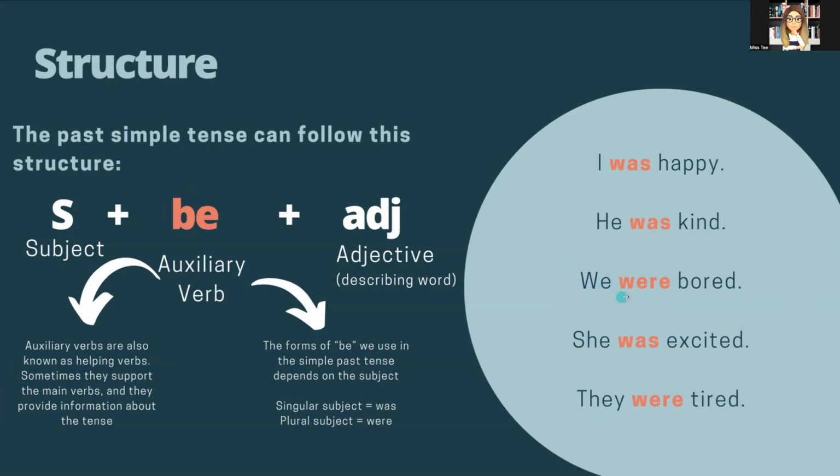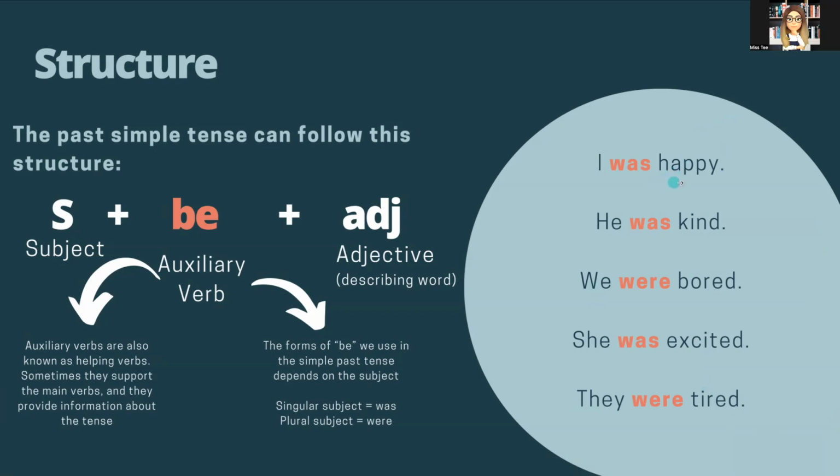So we're going to use the plural form of be in the past form. So that's were. And she was excited. So in this case, this is singular, so we're using was. They were tired. And in this case, we're using were because they is more than one person. It's plural. So that's the difference here.